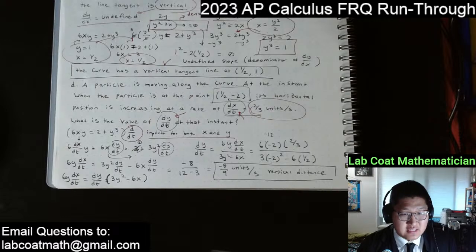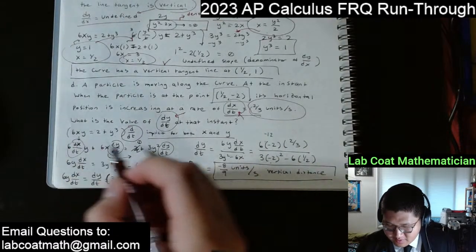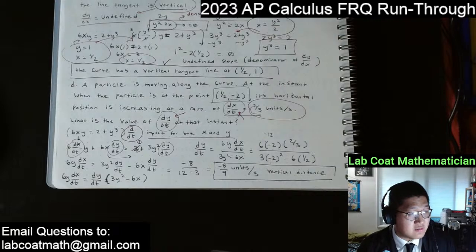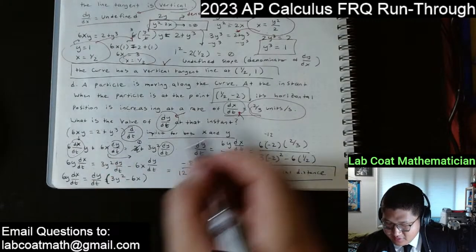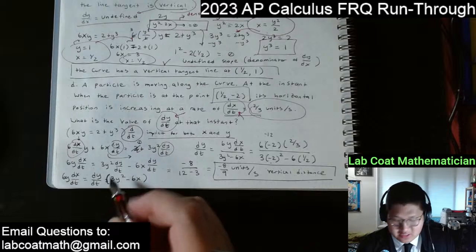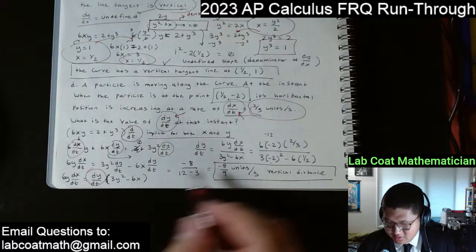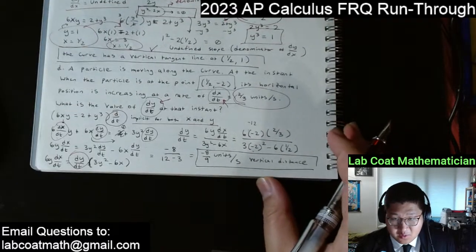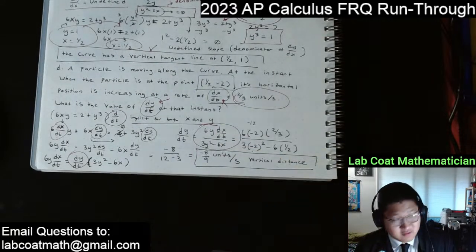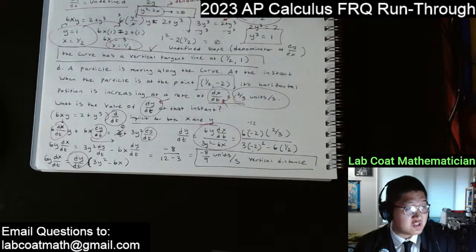Meaning both x and y will have the derivative components of dx over dt and dy over dt in the same equation. But because they gave us dx over dt at the start of the problem, we are meant to isolate for dy over dt, as our work showed, ending up with this equation of dy over dt, as shown right there.